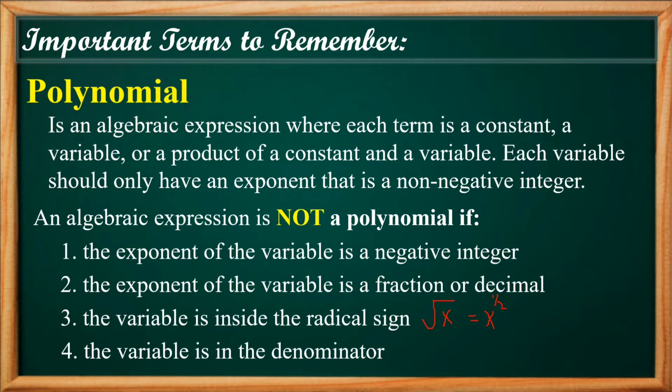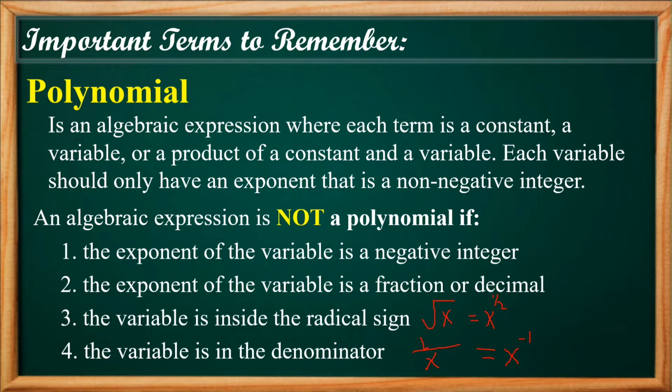Then the fourth one, the variable is in the denominator. Hindi rin siya pwede. Tulad nito, example, 1 over x. Bakit? Kasi it is equal to x raised to negative 1. Dahil dito, the exponent becomes negative, then hindi rin siya pwede.